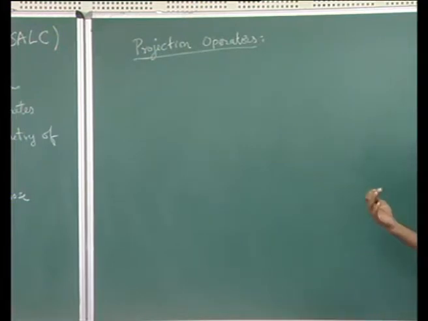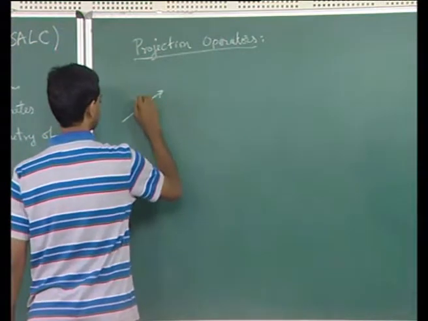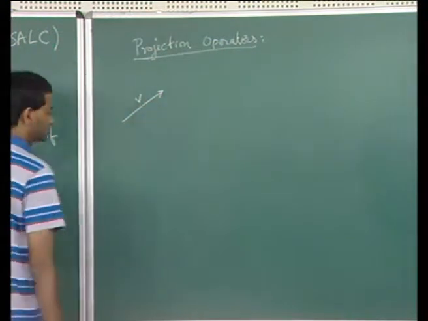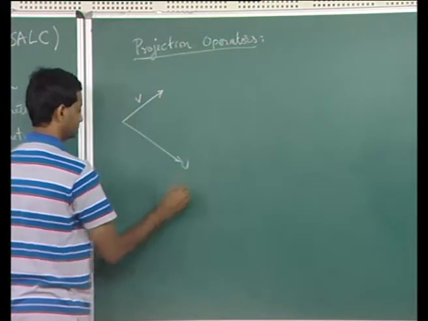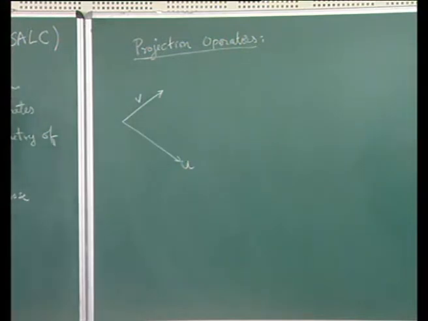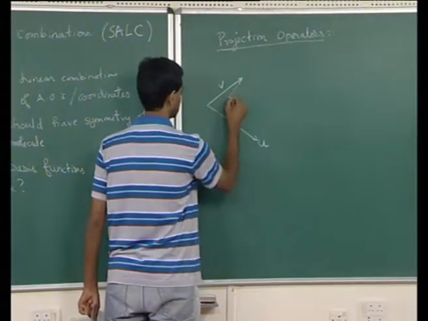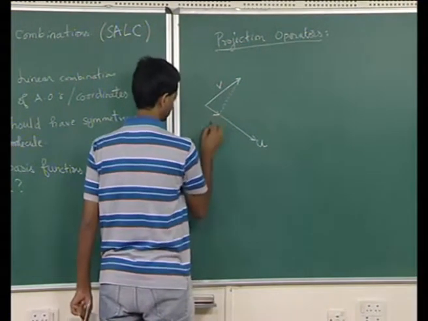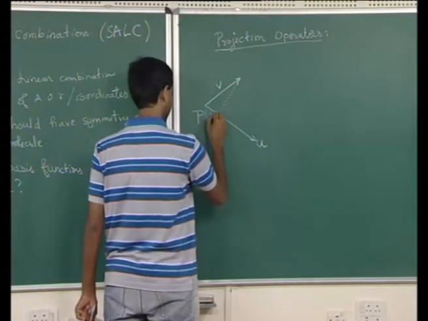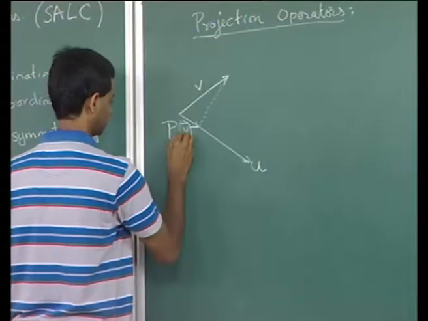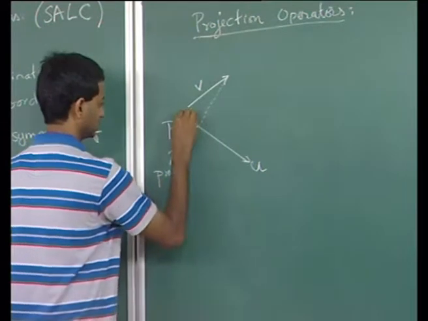The way to think of it is that if you have a vector v, you want to find the projection of this vector along another vector u. Then you just see the component of this in this direction. So this is the projection of vector v along direction u.